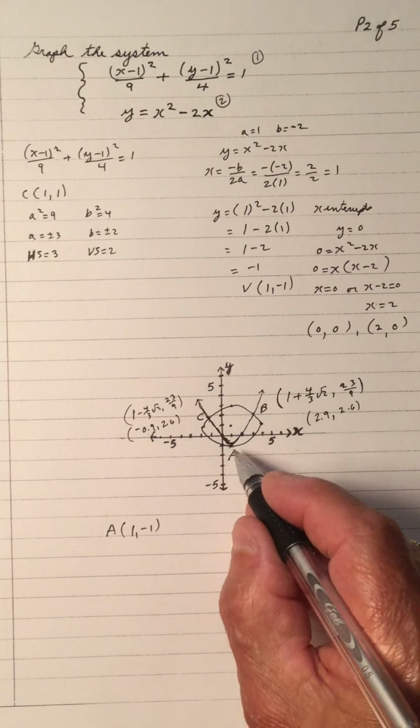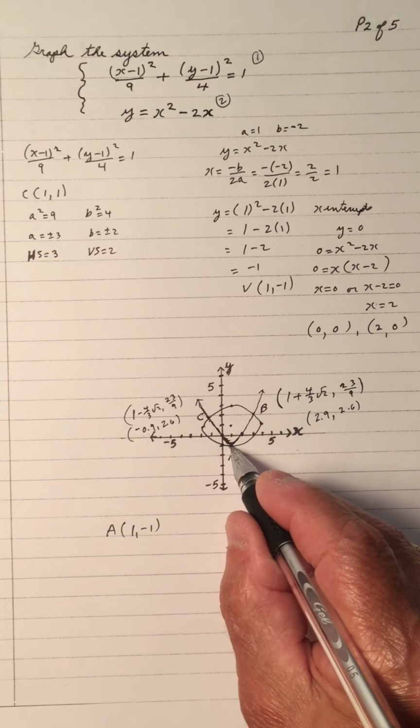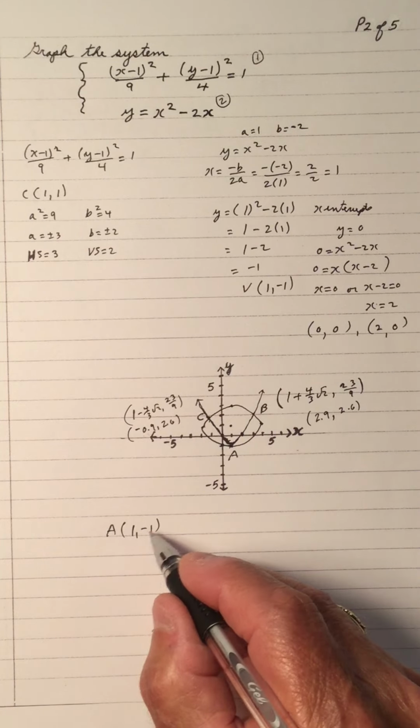We had A was the point where the parabola intersected here at 1, negative 1.